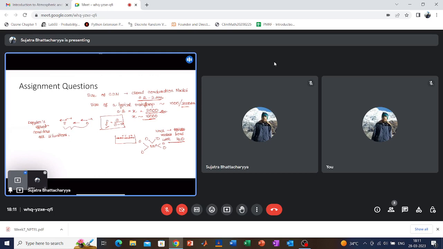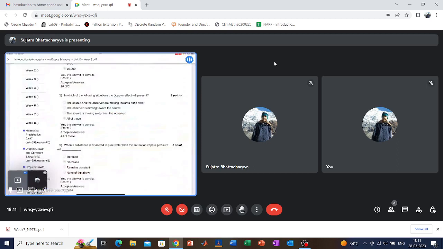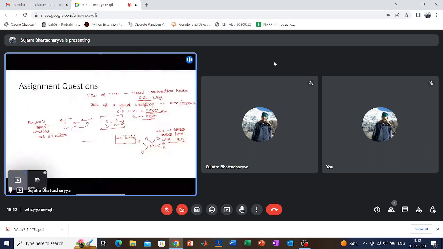Therefore, if salt is dissolved in the water, what will happen to the saturation vapor pressure? It will decrease. Why? Because it is not allowing evaporation. If it is not allowing evaporation, not enough vapor molecules will be present, and hence the saturation vapor pressure will decrease. Simple thing is that suppose you have this and no salts are present.